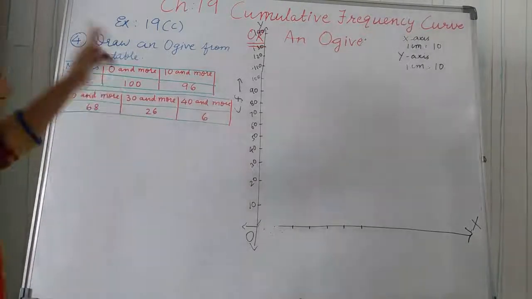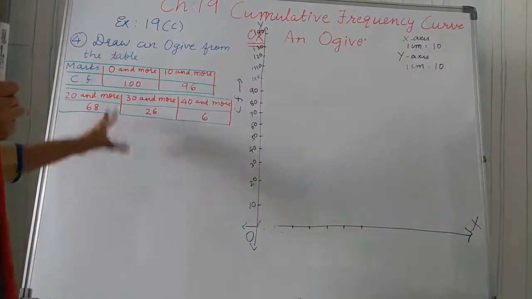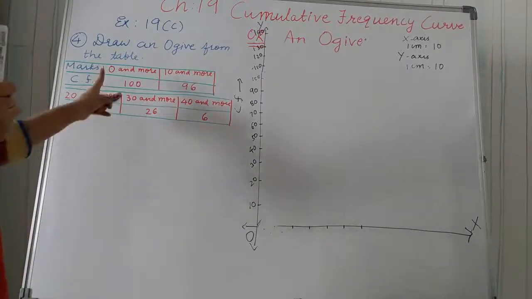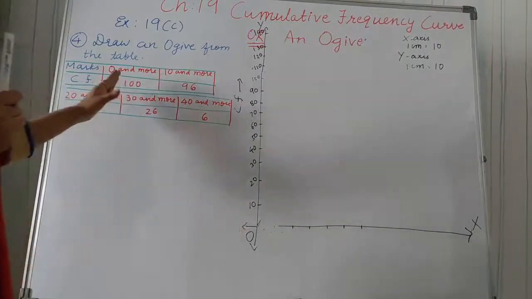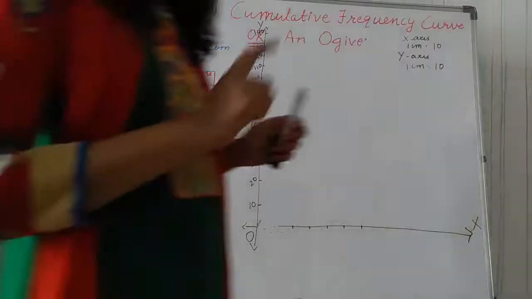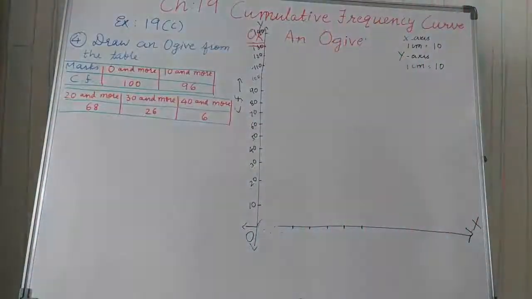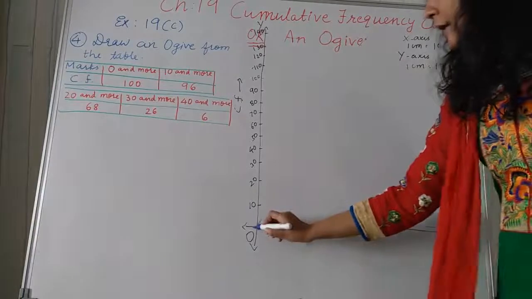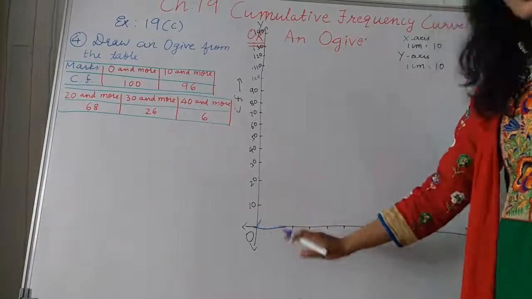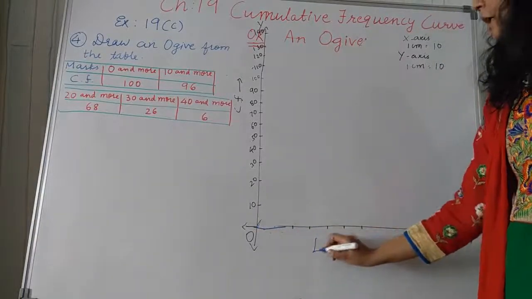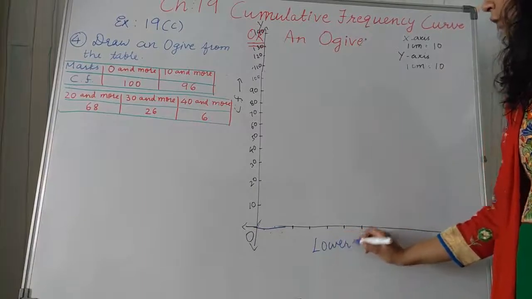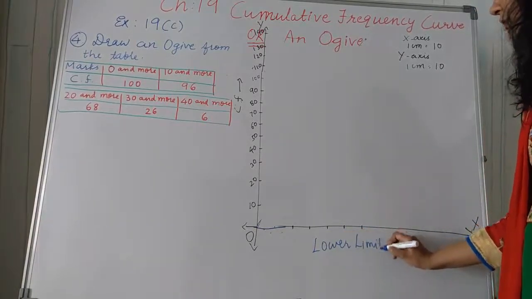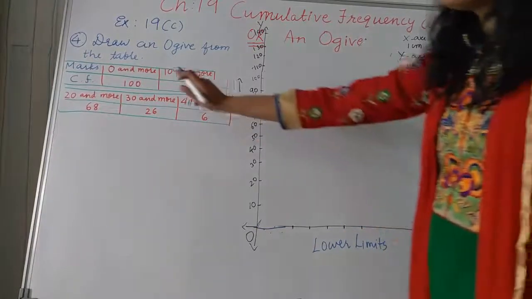But students, while drawing the more than ogive, you have to take care that on the x-axis you have to take the lower limits. In the less than ogive, I explained to you that you have to take the upper limits, but here you have to take lower limits. So which are the lower limits? You can see 0.